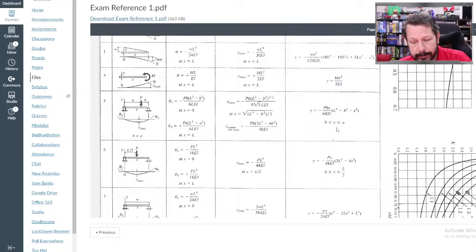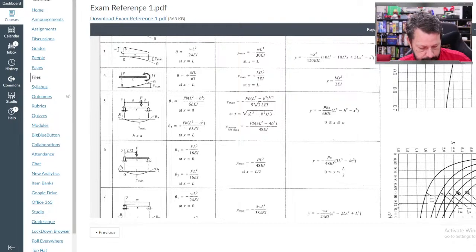You do have to be careful with the equations, because the equations only work in one region. So first of all, B is less than A. So for this diagram, the B dimension is the smaller one. It's not the one on the right hand side, it's the smaller one.